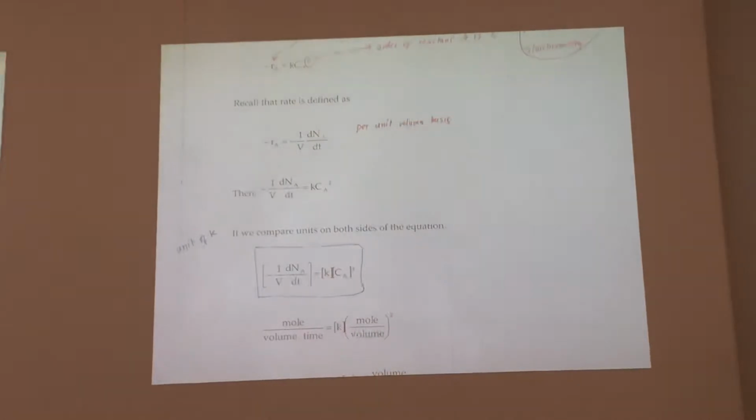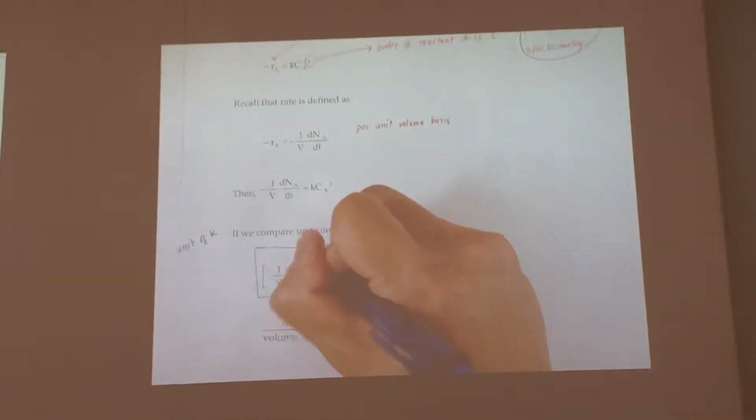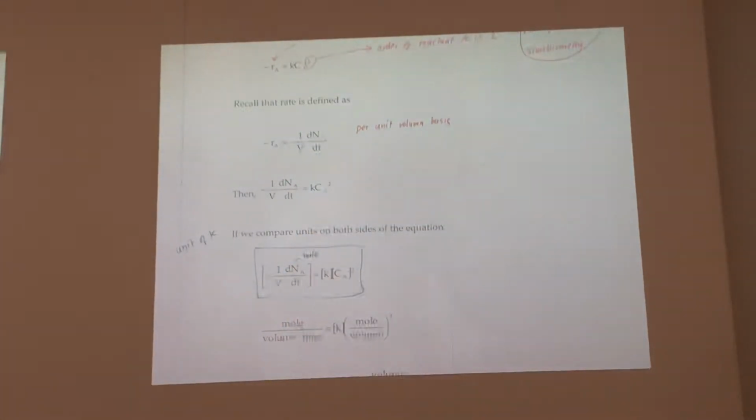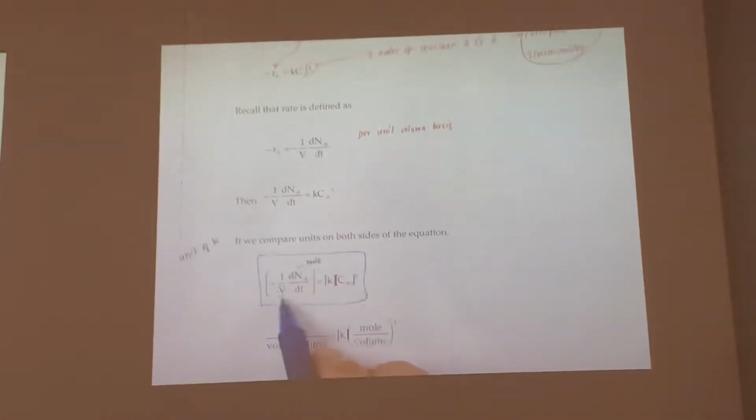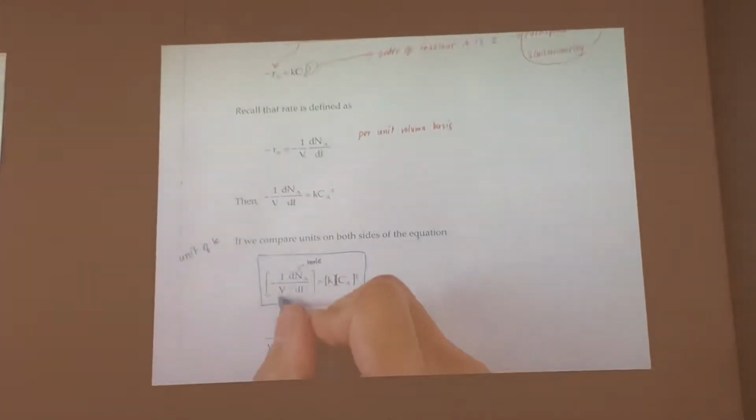The unit of rate constant. And NA, what does NA stand for? It stands for mole. V is volume.